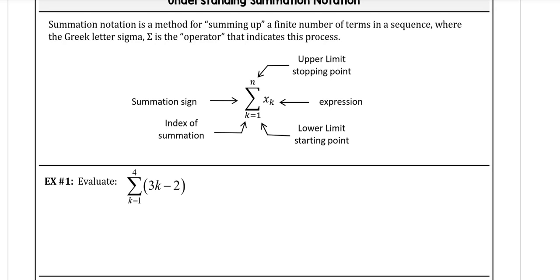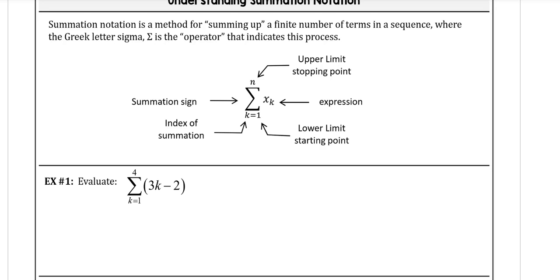The index of summation tells us where we start. The letters k and m are used a lot, but we're going to use k as our lower notation, and it tells us what term we're starting counting with.